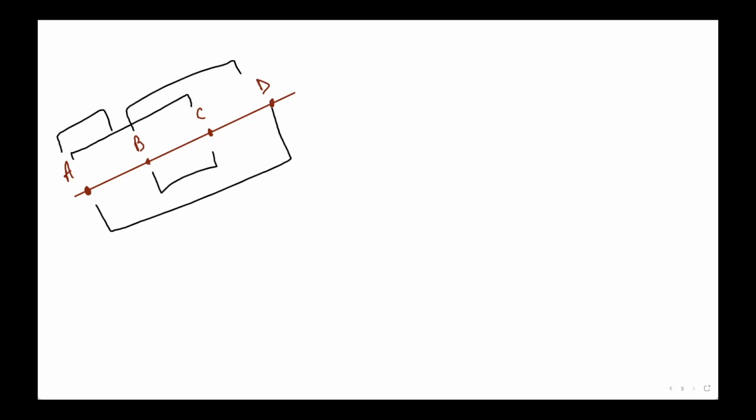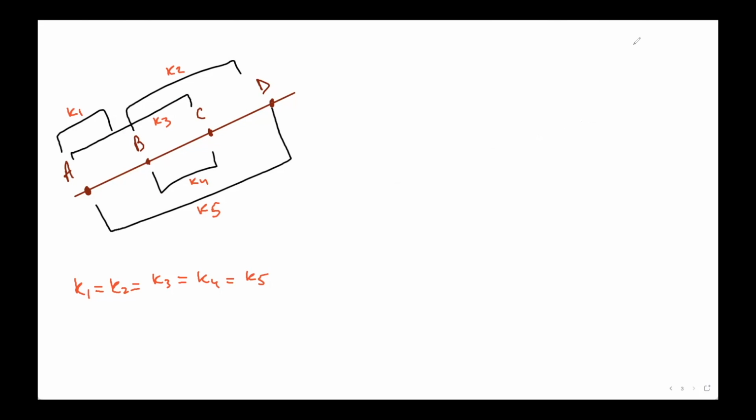Actually, it doesn't matter. If you get slope K1 here, K2, K3, K4, K5, and so on, those slopes are actually the same. K1 is equal to K2, is equal to K3, is equal to K4, and is equal to K5.